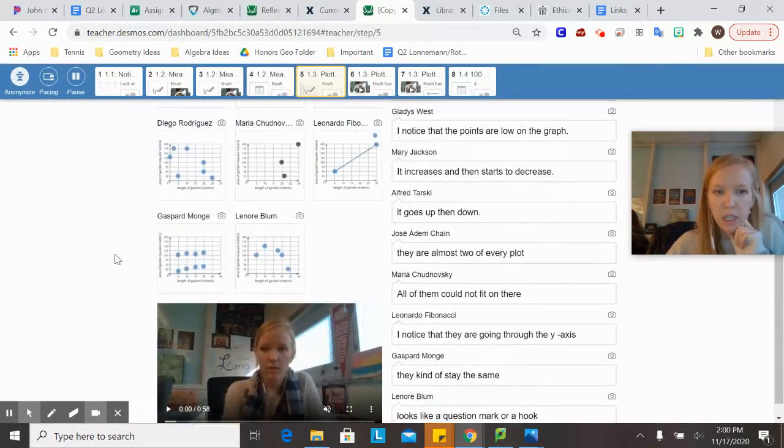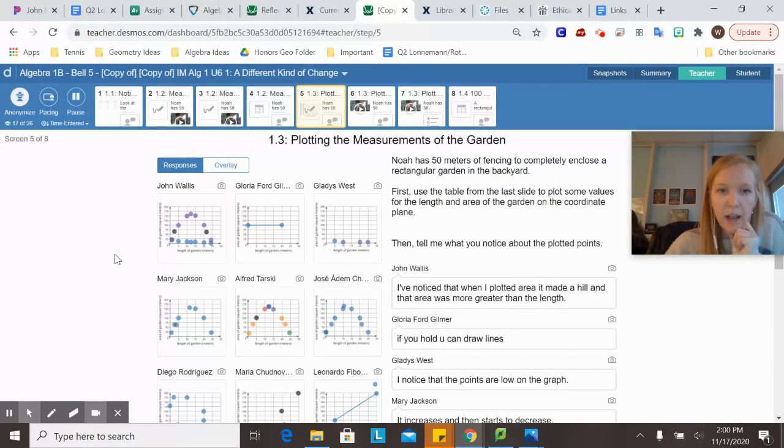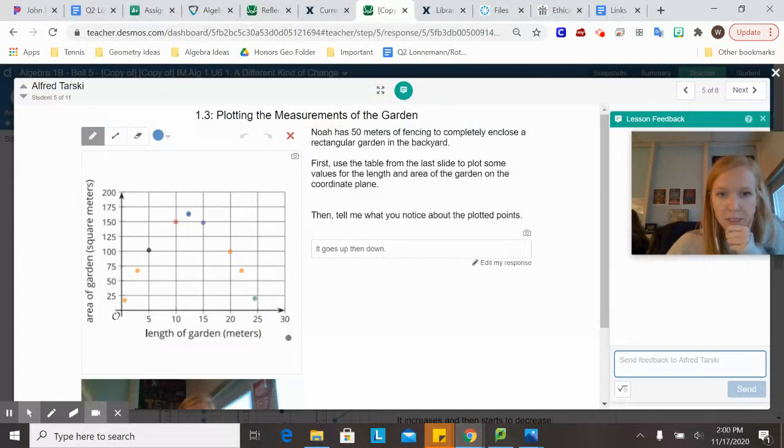So you can see what some of our classmates have graphed so far, and there are 3 that are awesome that I want to point out. It's this first one, this middle one right here with all the different colors, and the one right next to it. You can see we've got a hill shape going on, and that's exactly what we want to see.